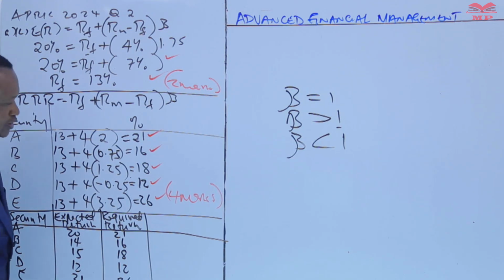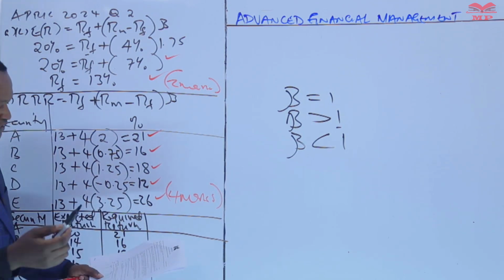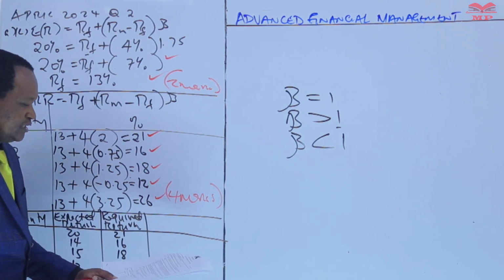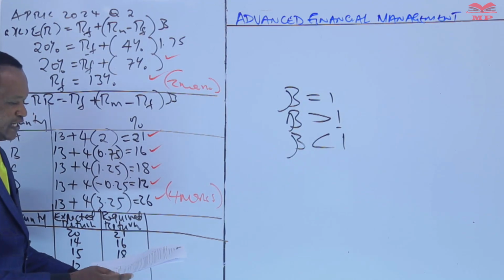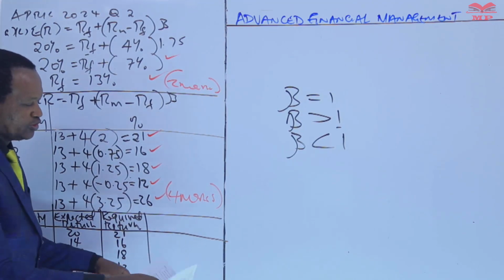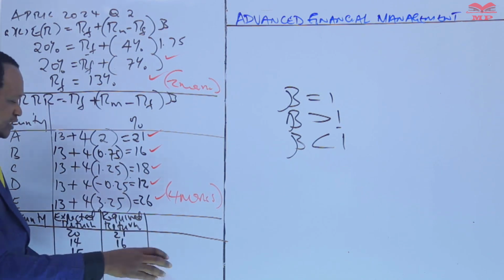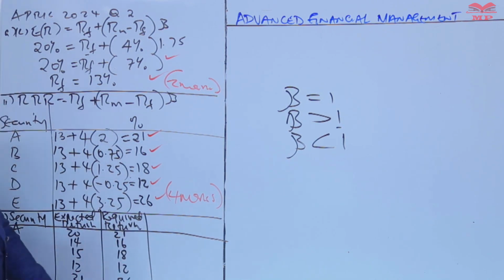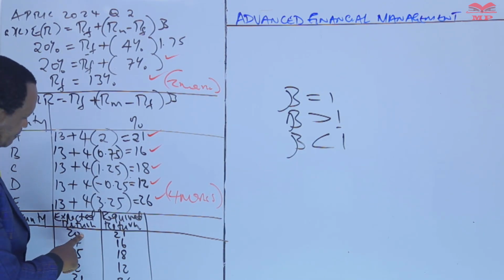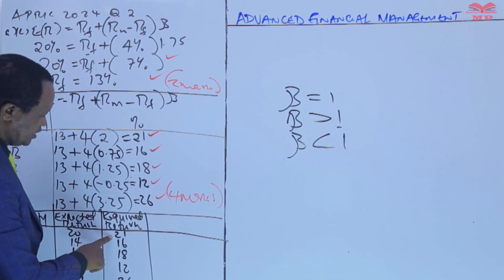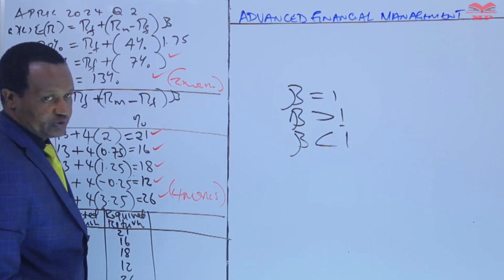So to determine whether a security is overvalued, undervalued, or correctly valued, we compare the required return against the expected return. Now someone tell me, is security A overvalued, undervalued, or correctly valued?